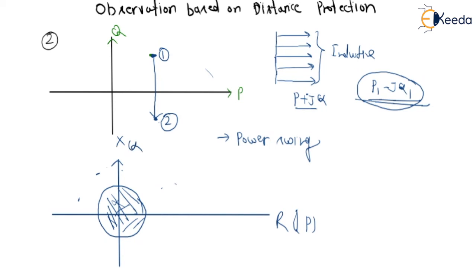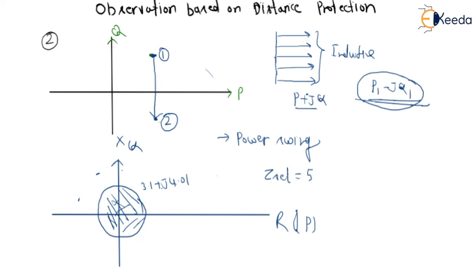Simply, let us assume this point is 3.1 plus j4.1. Let us assume Z set is equal to 5 ohm.